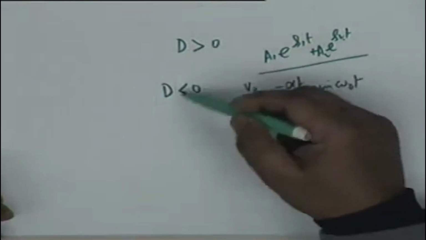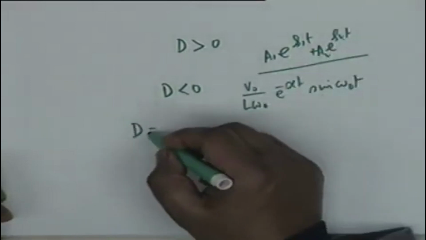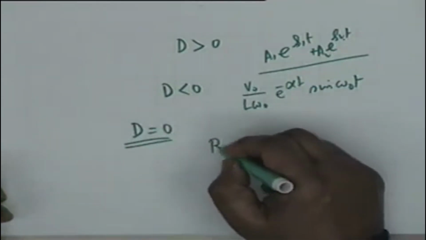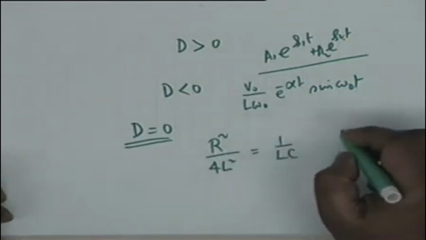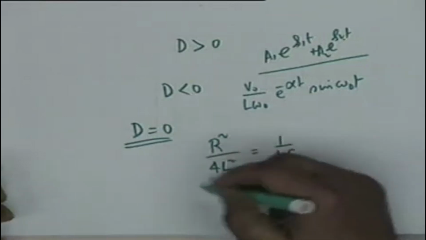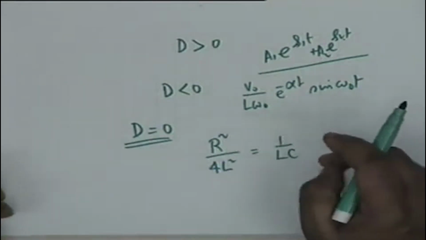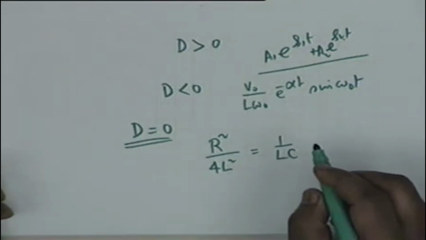Alright. The borderline between these two, or the transition case, which happens at D equal to 0, occurs obviously when R squared by 4L squared is equal to 1 over LC. Alright, this is a very special condition, and the condition on the resistance R to satisfy this is called R critical.